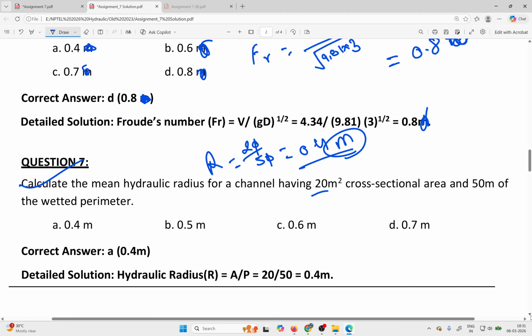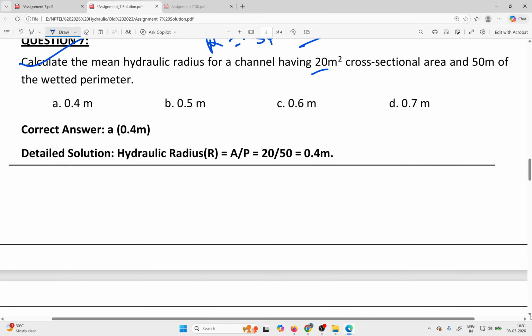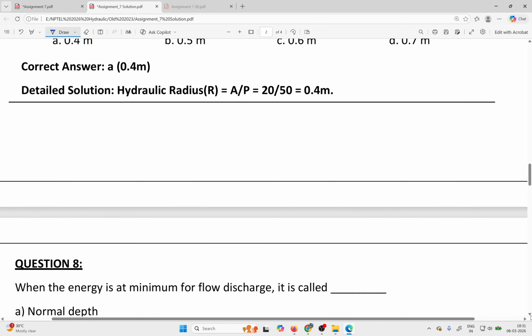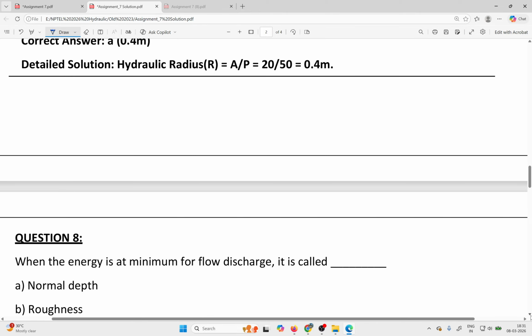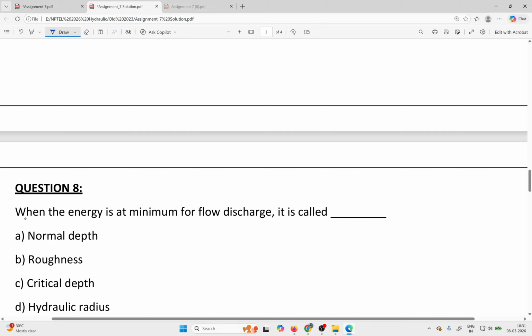Next is question number 8. When the energy is at minimum for a flow discharge, it is called normal depth, roughness, critical depth, or hydraulic radius?